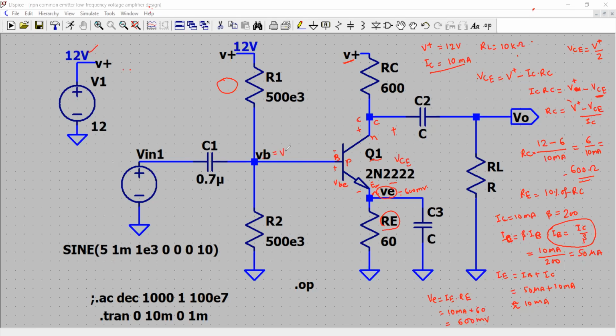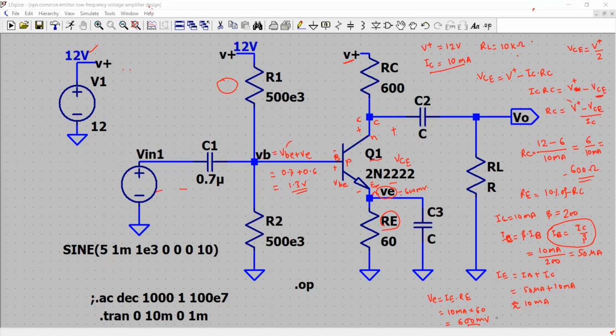For a silicon transistor, VBE is generally 0.7 volt, plus VE we just calculated, which is 600 millivolt or 0.6 volt. So it comes to approximately 1.3 volt. So that's how it is working with the way it is shown.